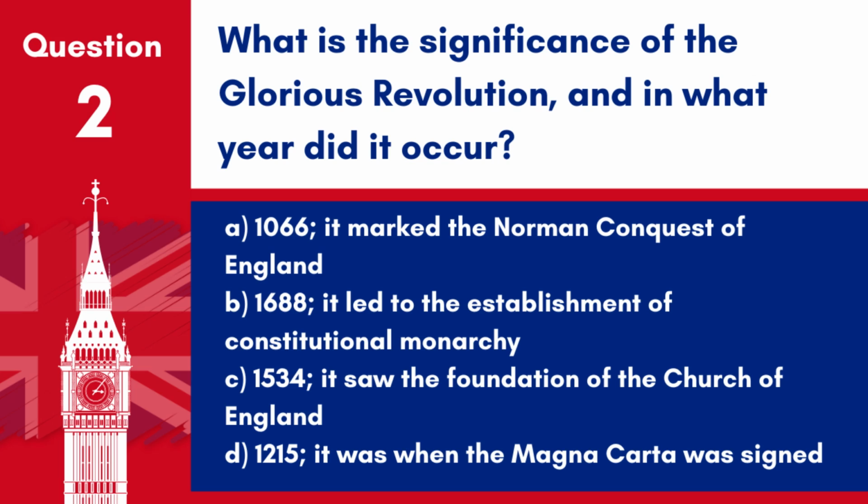D. 1215. It was when the Magna Carta was signed. Answer B. 1688. It led to the establishment of constitutional monarchy. The Glorious Revolution in 1688 established the constitutional monarchy, limiting the powers of the Crown.